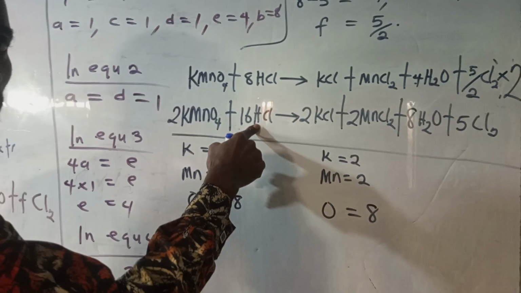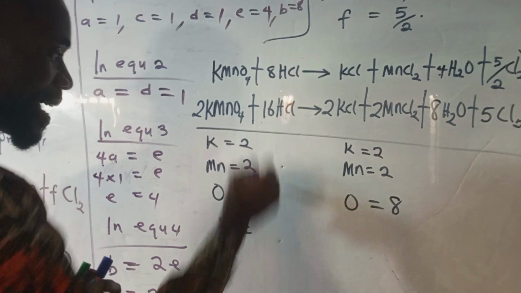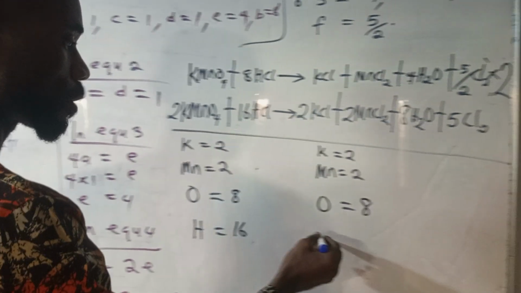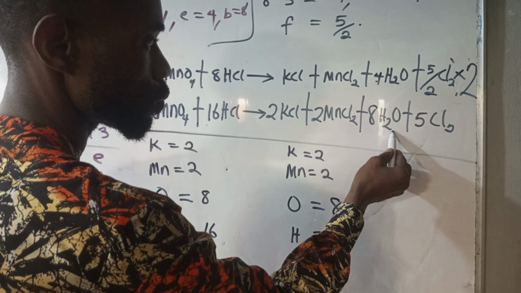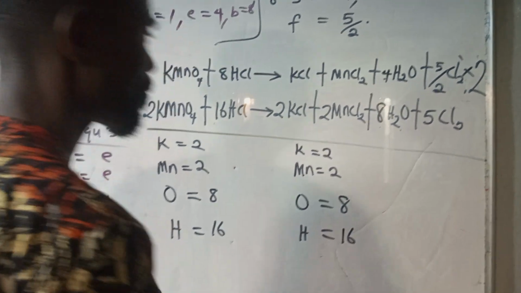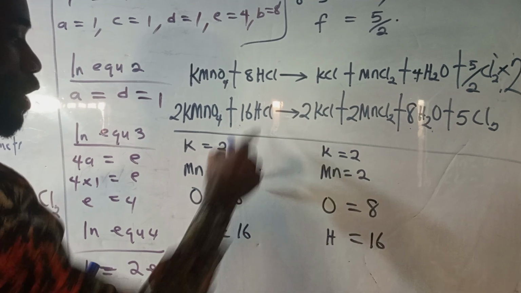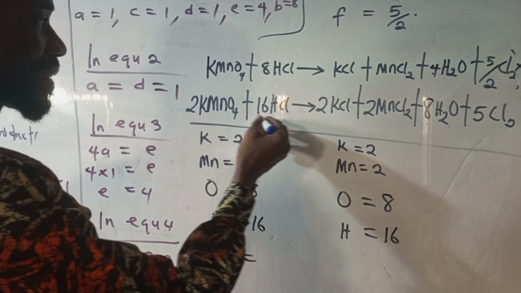The next atom is hydrogen. Hydrogen here is equal to 16 hydrogen atoms. On the product side, hydrogen is also equal to 2 times 8, 16. And finally for chlorine, the chlorine atom on the reactant side is 16.